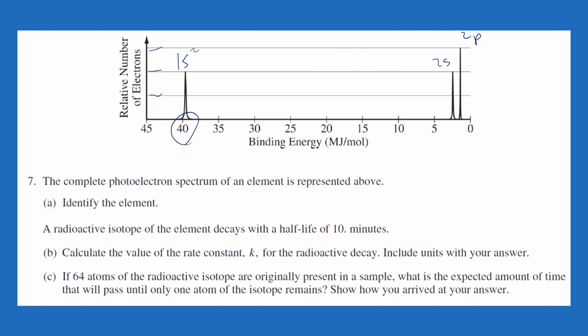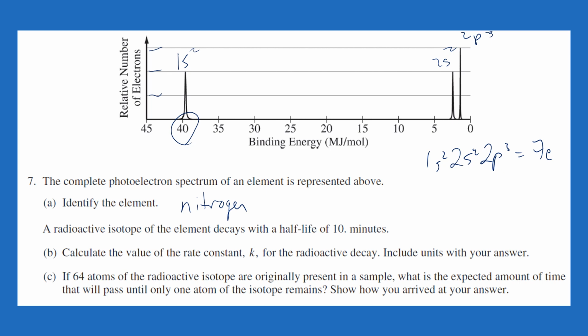So 1s2, 2s2, 2p3. You don't need to write it out, but I like to. So that means I have 7 electrons total, which means the element is nitrogen. You don't have to explain because it just says to identify.